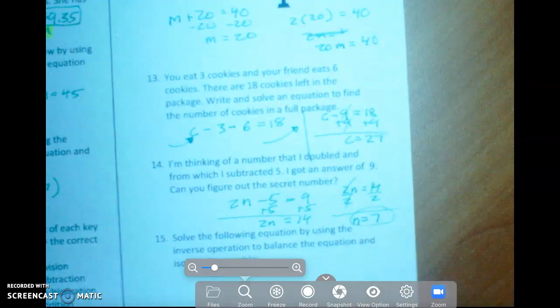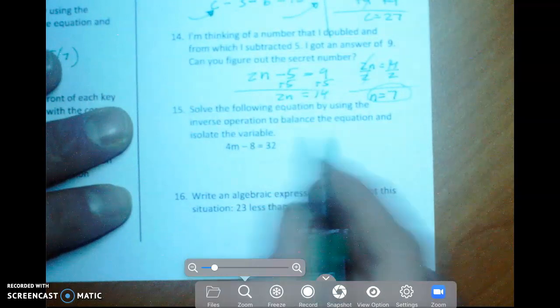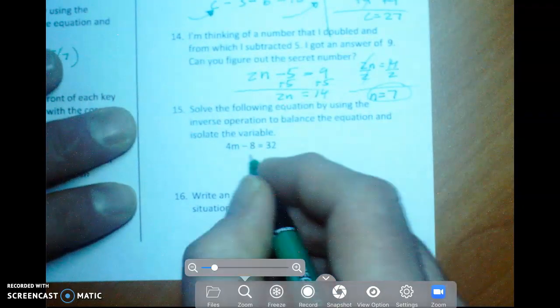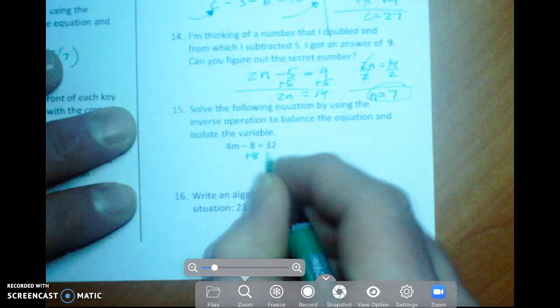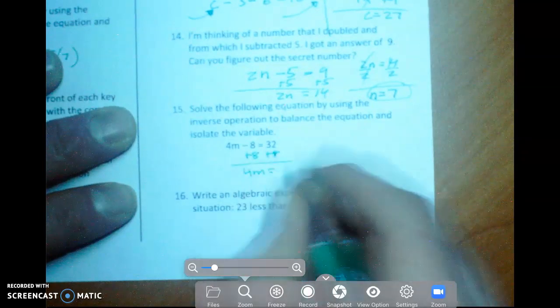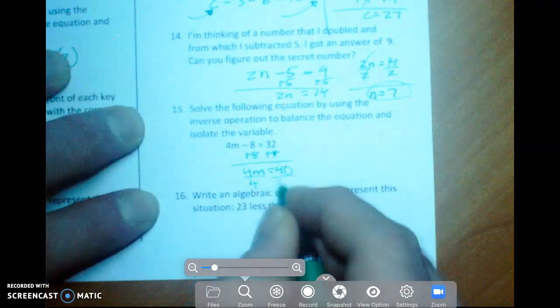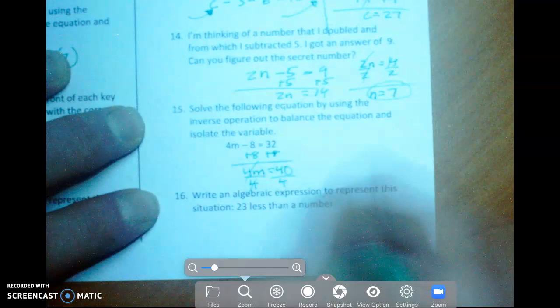All right, just 2 left. Solve the following equation by using the inverse operation to balance the equation and isolate the variable. This is a two-stepper, so first we have to add 8 to both sides. Now we've got 4m is equal to 40. So now I'm going to divide by 4 on this side. I'm going to divide by 4 on this side. These guys will cross off.